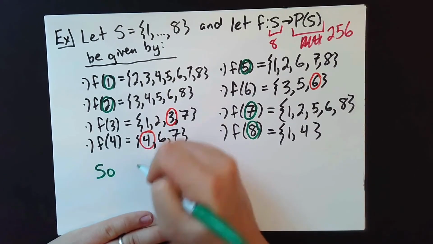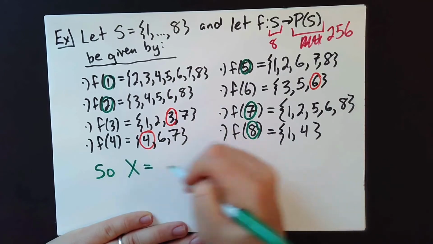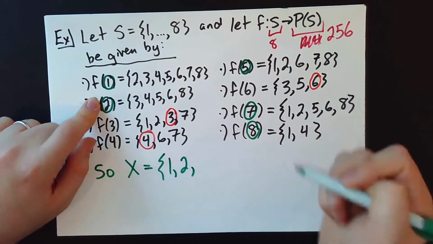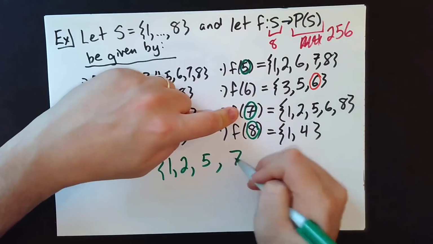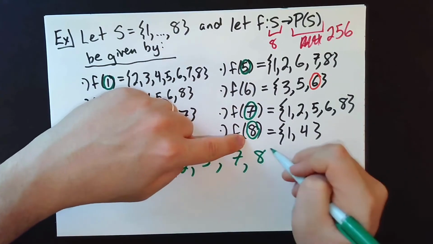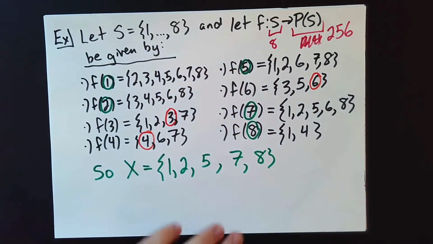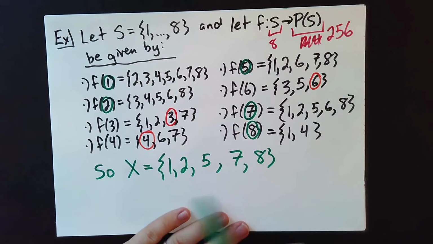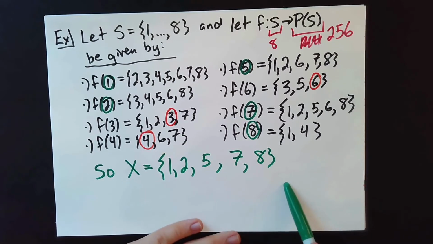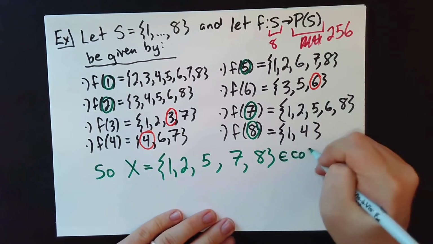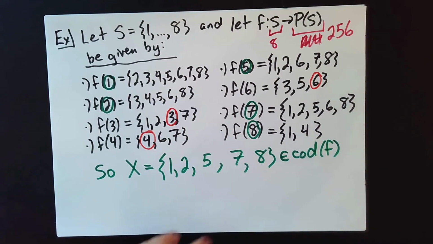So that is to say, X is the set 1, 2, 5, 7, 8. This is exactly the kind of thing that this function maps to. In other words, this is in the codomain, but definitely not in the image.